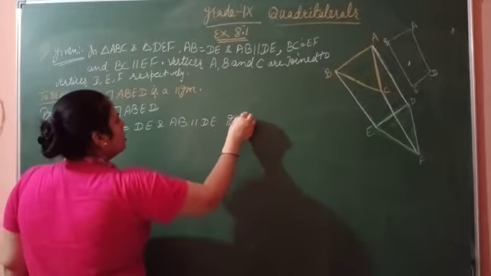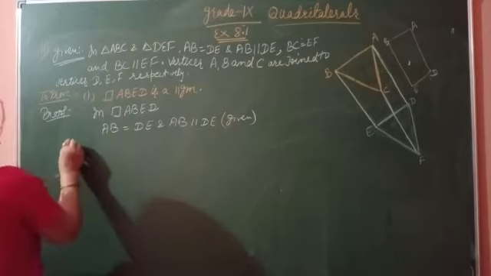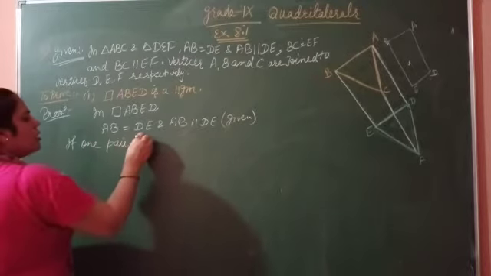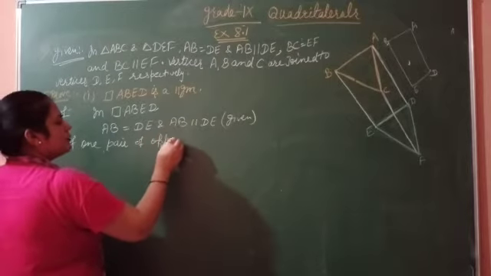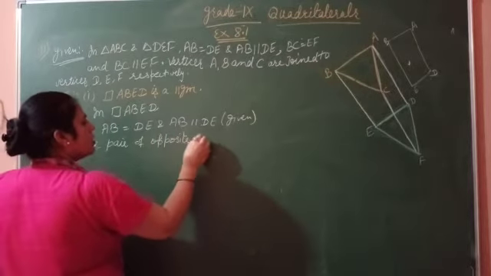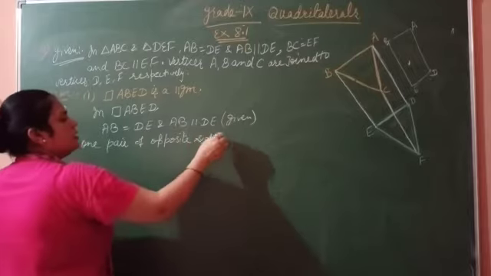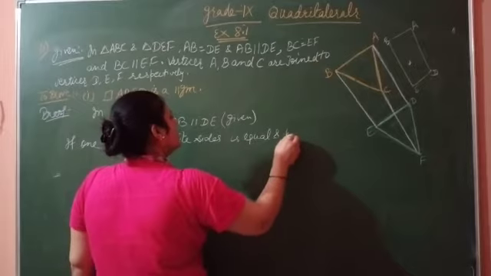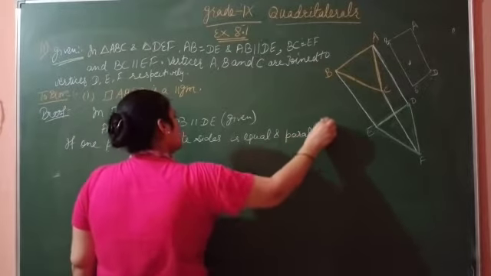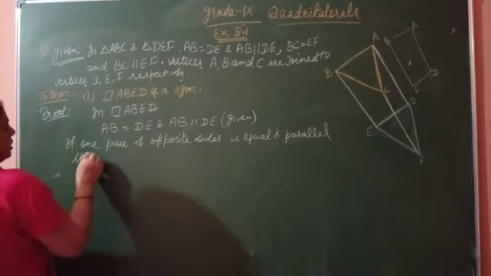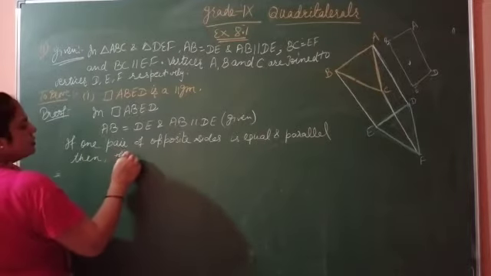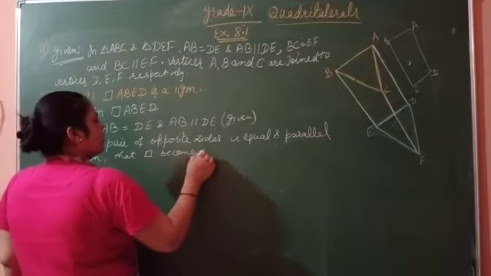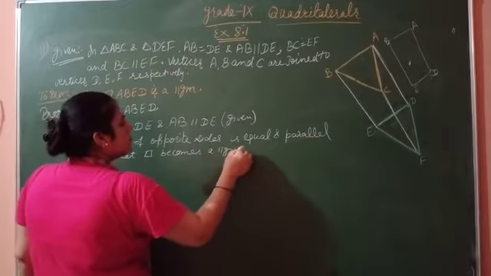So if one pair of opposite sides is equal and parallel, then that quadrilateral becomes a parallelogram.